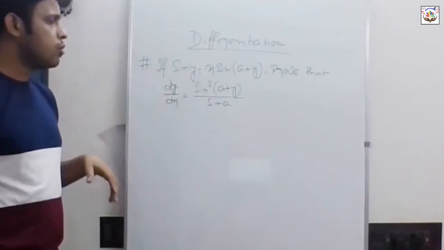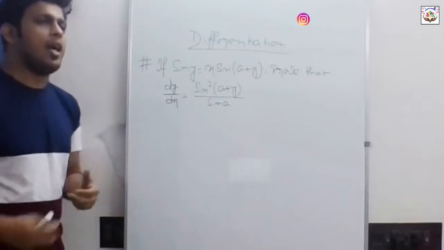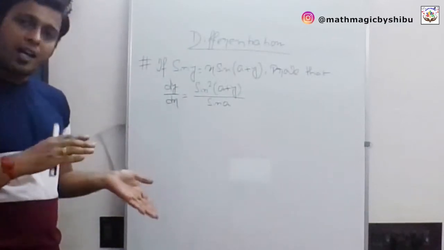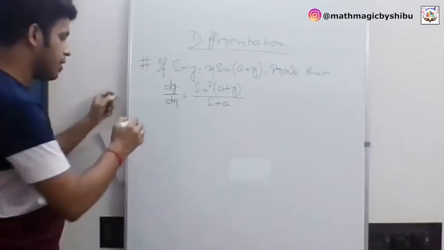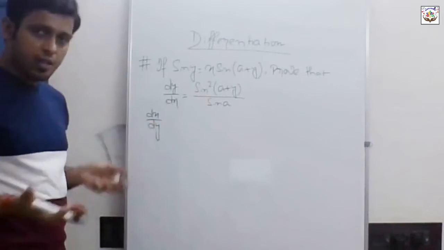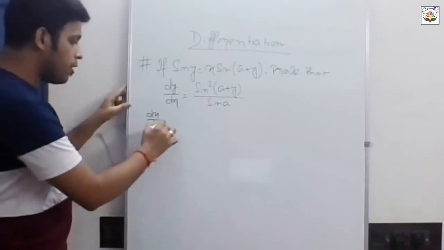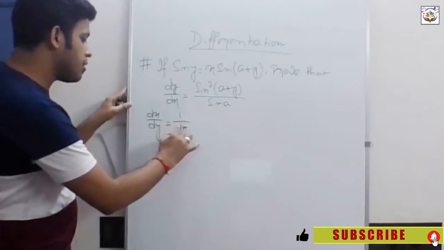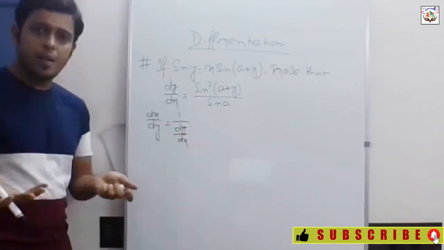So can't we do it this way: we need to find dy/dx, but we can find dx/dy first, and then whatever the answer is, we can say that dy/dx is 1 by that. Same thing.